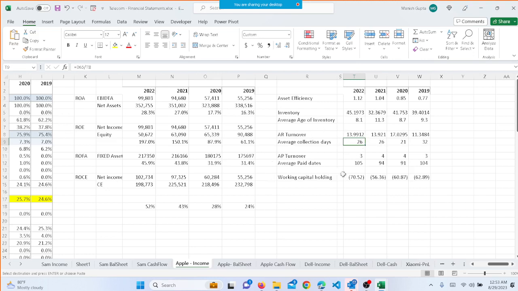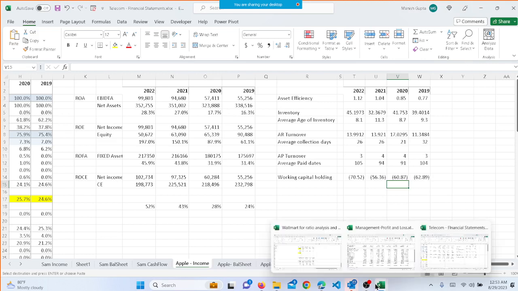But it pays the supplier in 105 days in total. So that means for 70 days it keeps the cash in its pocket, which can be a counterproductive strategy. Apple can carry that out because Apple is a huge company and it has very high bargaining leverage.